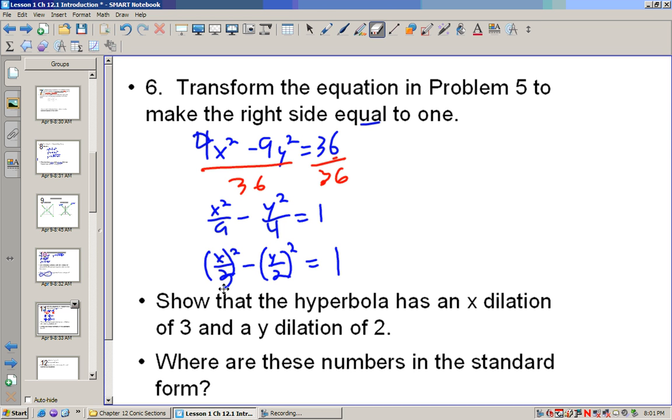I'm going to redo this bottom because it doesn't look good. And see where I get my asymptotes? It's the number under y over the number under x. So plus or minus 2/3 is the slopes of the asymptotes. Now remember, slope is always y over x, so that's another way to remember it.